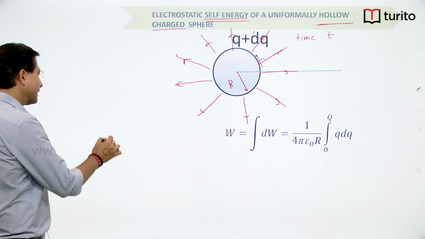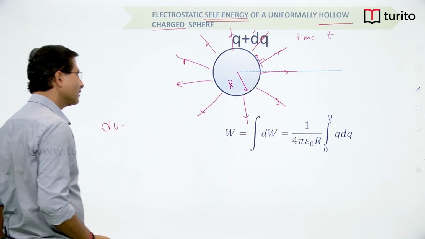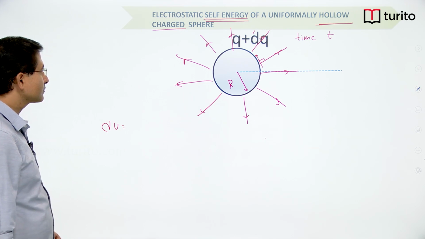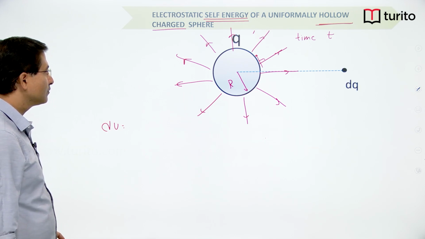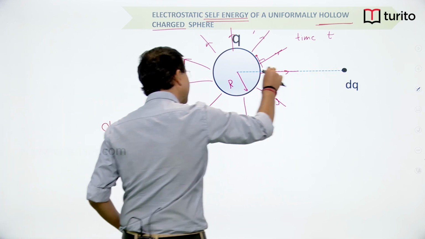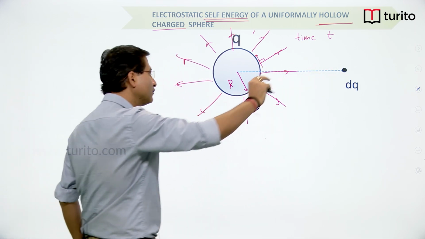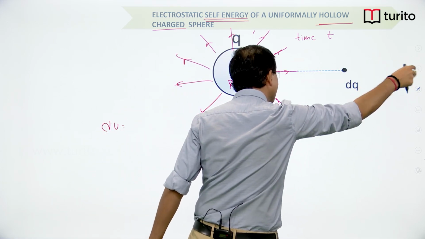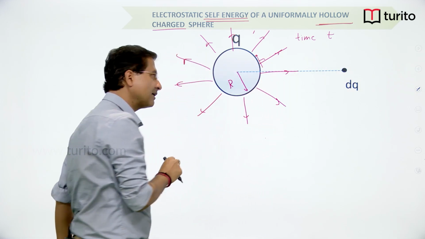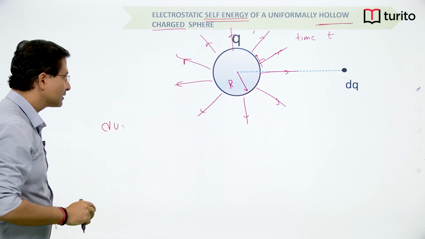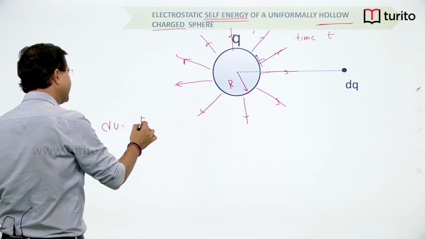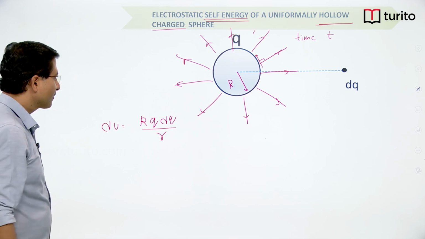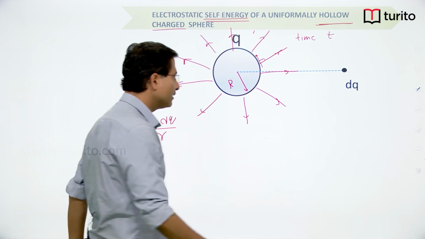So the energy associated, if I write, when from here to here I am bringing, right. So from infinity, the initial potential energy associated will be 0, and when I get that charge at the surface, then the potential energy will be K q dq divided by r.